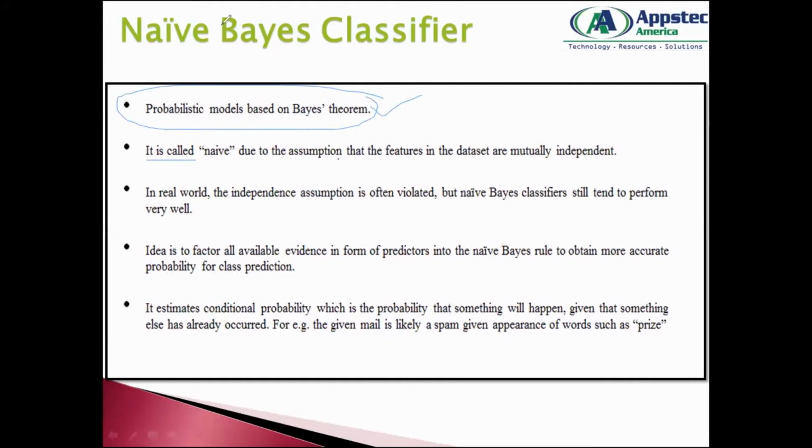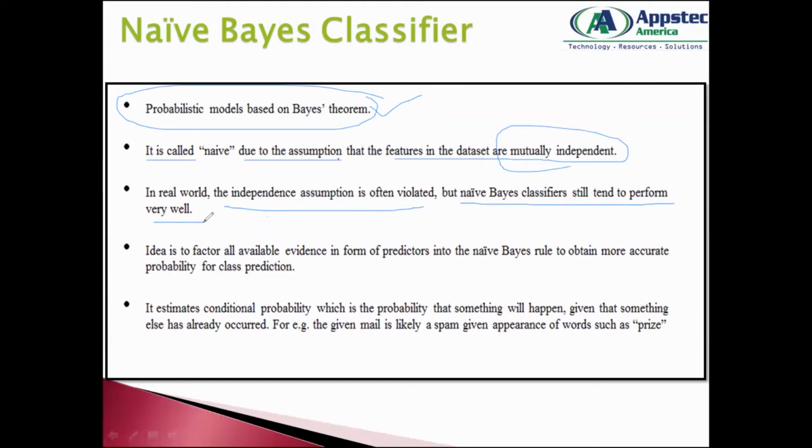Why do we call it naive? Due to the assumption that the features in the dataset are mutually independent. Actually, mutually independent is a probabilistic term, so you have to understand what happens when events are mutually independent. In the real world, the independence assumption is often violated, but naive Bayes classifiers still tend to perform very well.